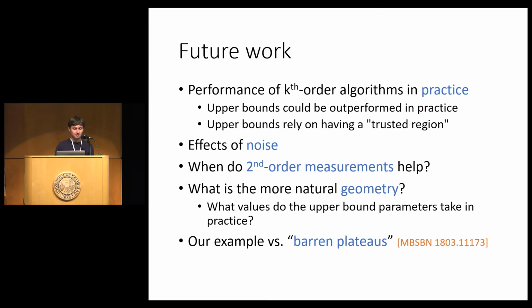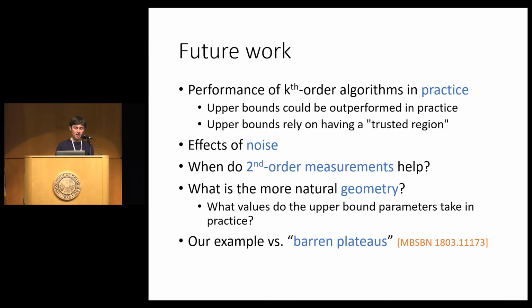There are a lot of directions for possible future work. First of all, this was all very theoretical, and it would be important to understand how these results relate to what happens in practice. In particular, these upper bounds could be loose in practice, and also our upper bounds on convergence relied on having this trusted region, essentially, where the algorithm has a region where it believes there is a local optimum, and it believes that the function is well behaved in this region.